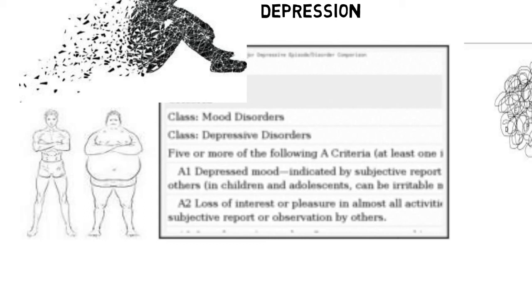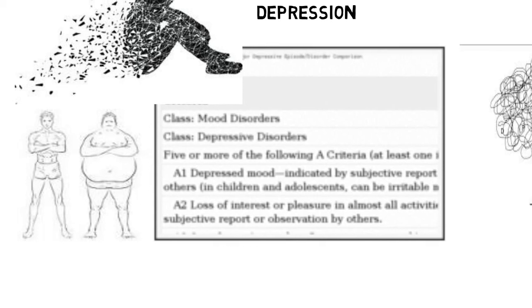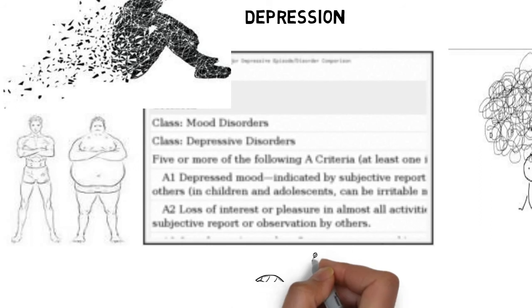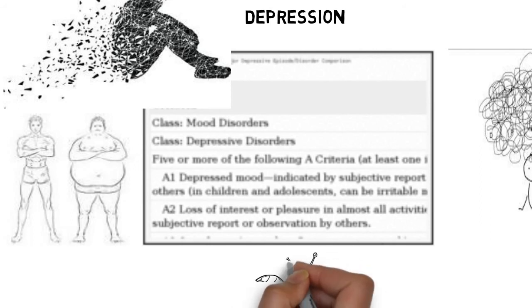And then the third criterion is psychomotor retardation or agitation. The retardation is much more common, and what this means is that sort of everything about the person's movements just really slows down. They'll walk slower, their reaction times are slower.